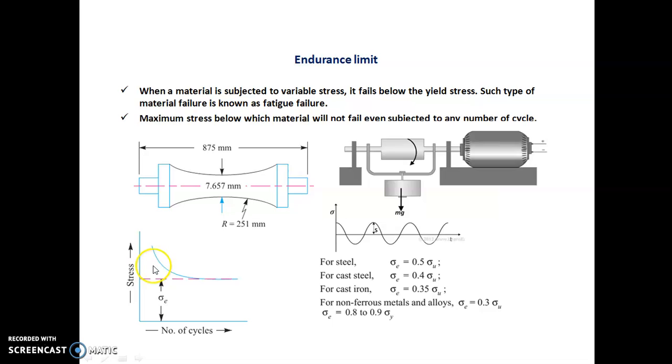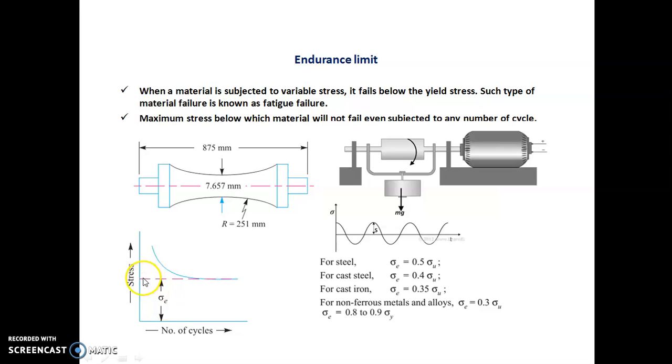Under fewer cycles the stress value is higher, but after 10 to the power 6 cycles, that is, 1 million rotations, it stays the same. The stress corresponding to this line is called the endurance limit stress, sigma E, sometimes called sigma minus 1.